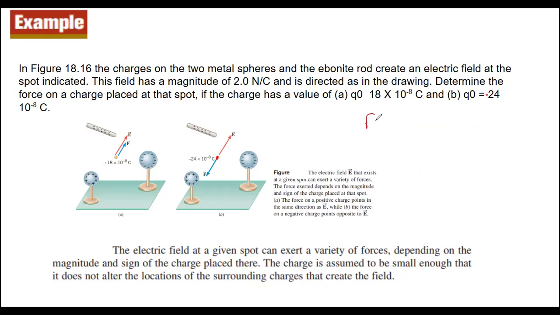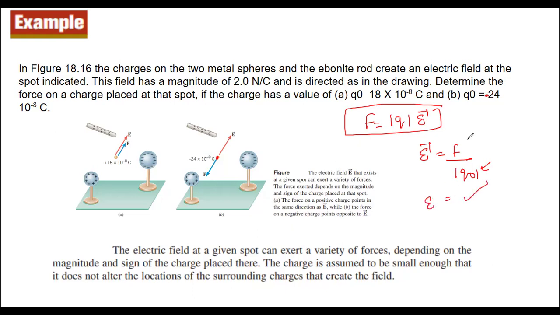Here in the question, let me just write that this is modulus. There is a minus sign, so I think the negative is missing over here for some reason. So this is the more correct form. You must remember that you take the magnitude, F upon Q naught magnitude. The electric field values were right in both cases.